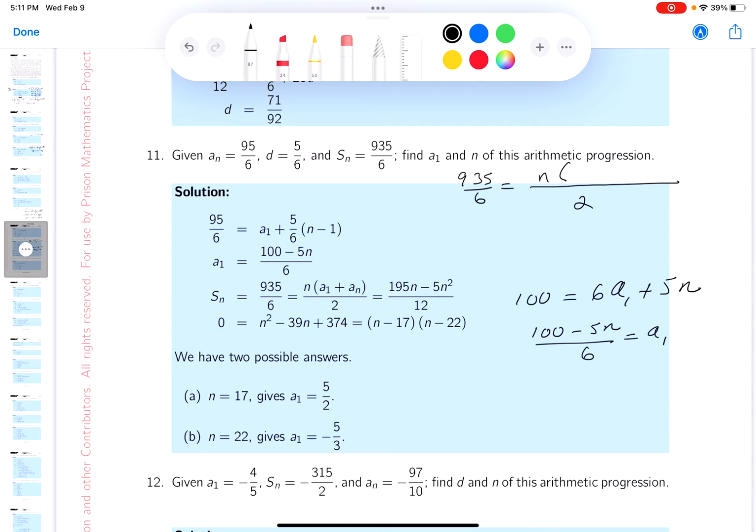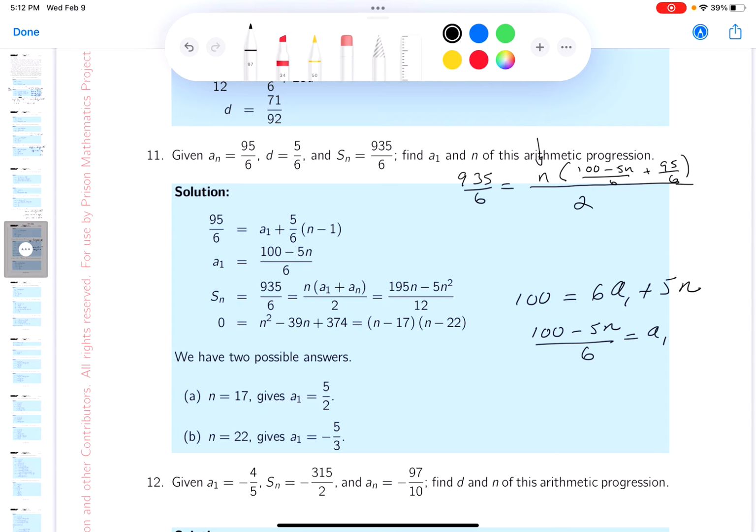Now you may wonder why I want to get it in terms of n. It's because I see an n over here. So let's write this down. It's a_1, right? So it's 100 minus 5n over 6. And then, do I know a_n? Yeah, it's 95 over 6.